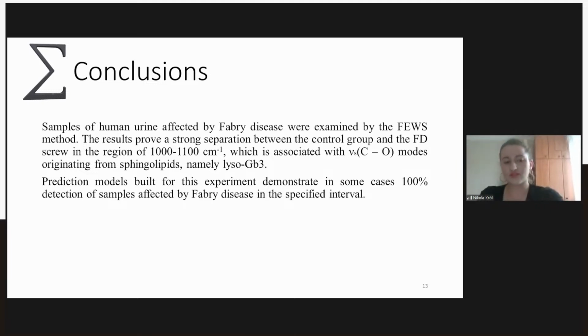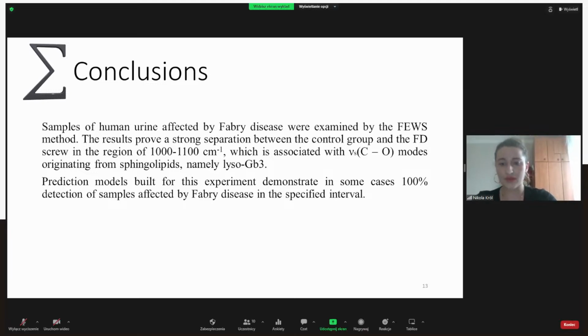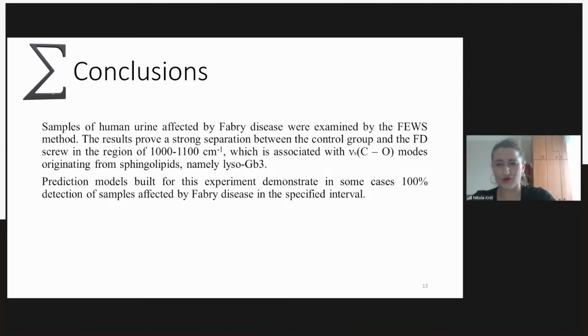So we decided to start taking care of patients with Fabry disease and other rare diseases like Gaucher. But it's still a really low number of patients. It's really hard to find a lot of patients with Fabry disease in all of Poland. Approximately more than 20 or 13, it depends on sources.